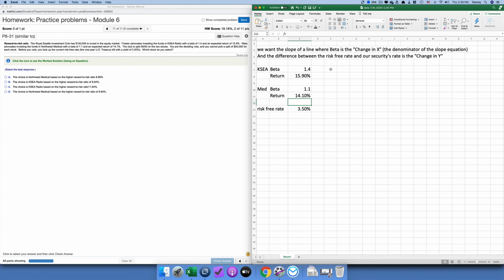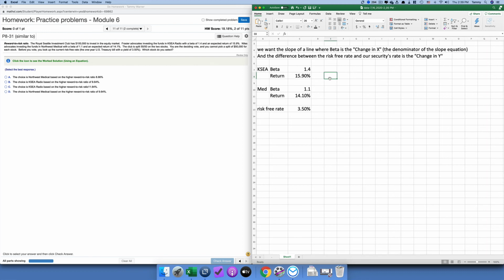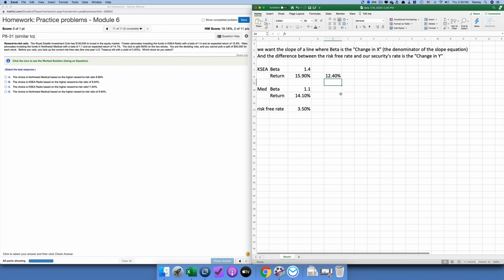So let's just do our little subsidiary calculations here. Okay, so the change in y is going to be 15.9 minus 3.5. And the change in y for Niles's pick is going to be 14.10 minus 3.5.